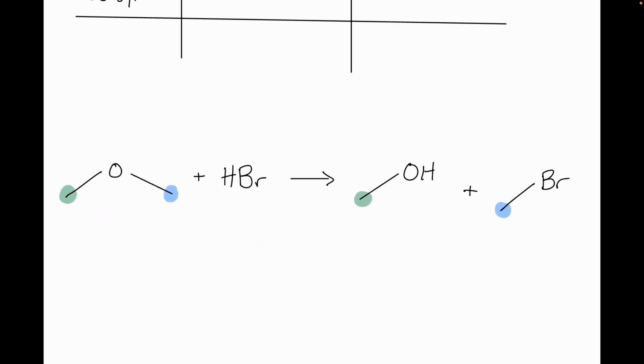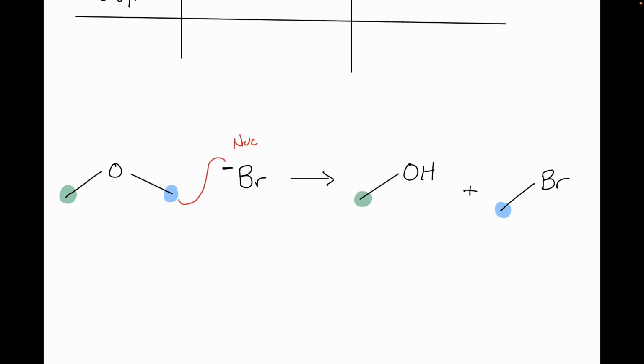We don't spend a lot of time talking about mechanisms, but if we were to see how this reaction actually occurs in terms of how the electrons are moving, this bromide ion plays the role of a nucleophile.